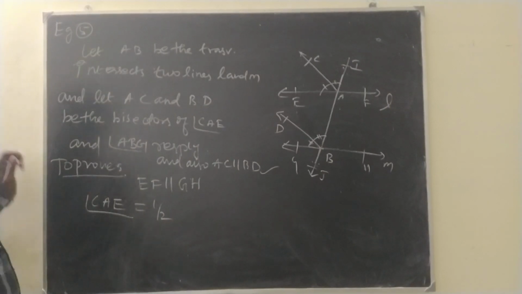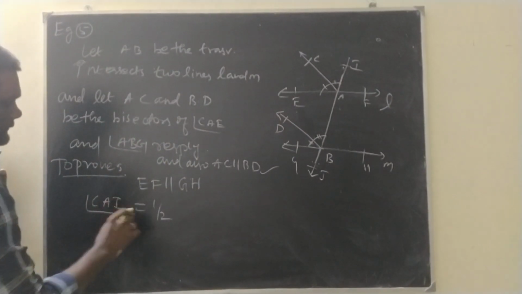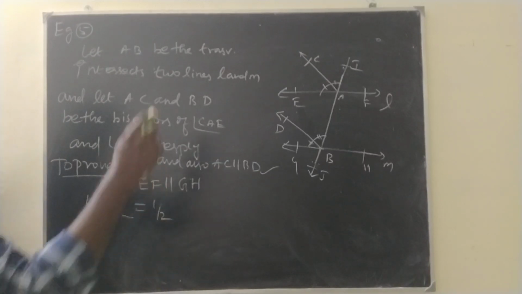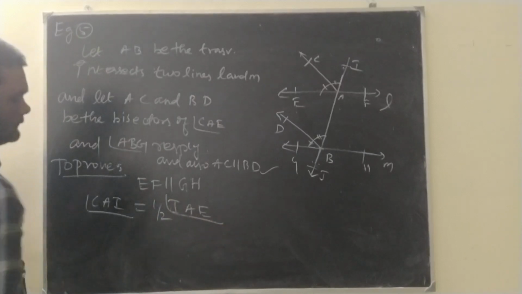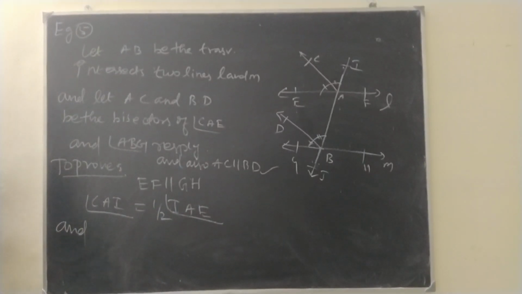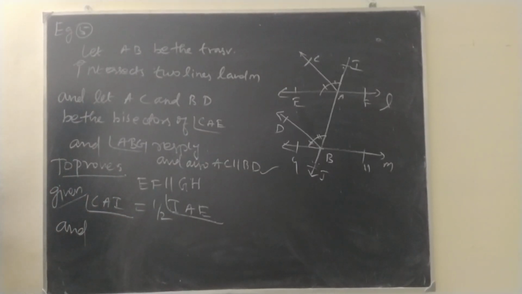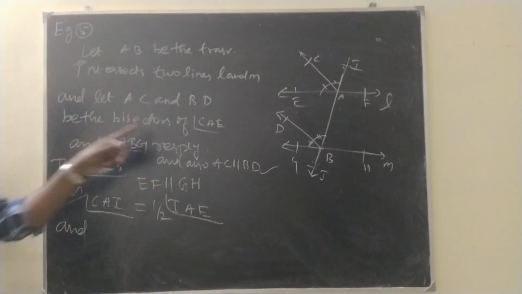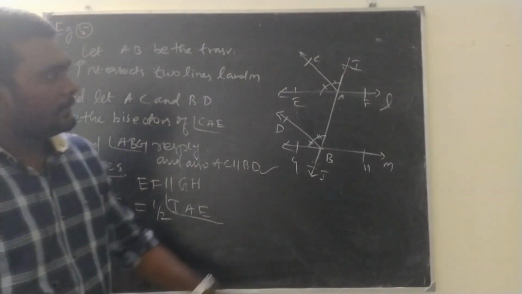Instead of taking CAE, I am taking CAI, which is half of IAE, and this is from the fact that these are bisectors. And this other half, which half would we be using?